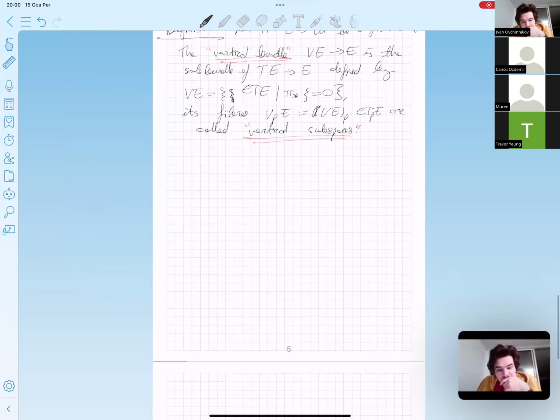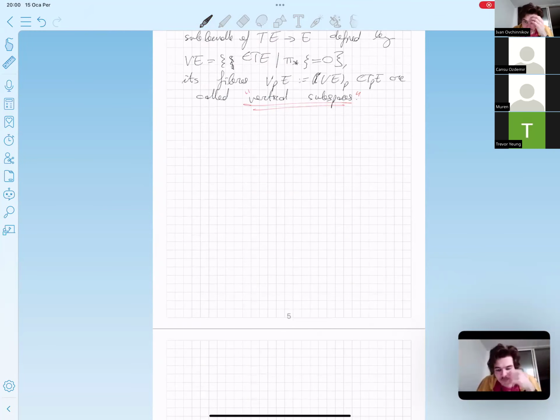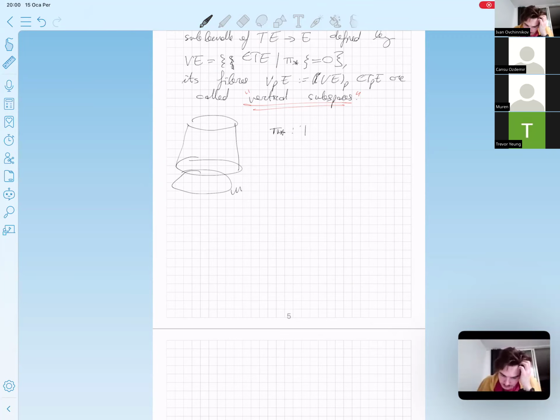So, what did we have? We have M. We have the total space. The map pi star is a map from this to this. Nothing else. Not very fancy.